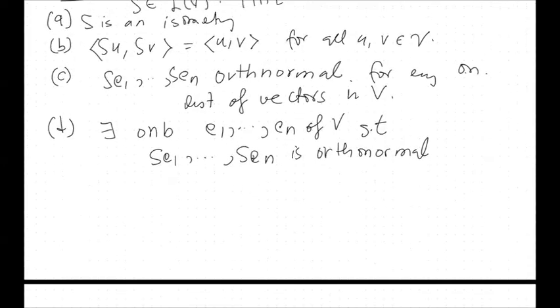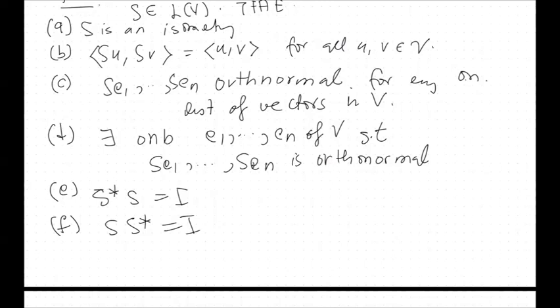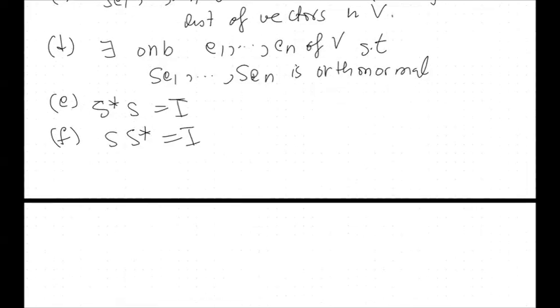And then D, there exists an orthonormal basis E1 up to En of V such that S of E1 up to S of En is orthonormal. And E here is the following, and F is almost the same. And if S is an isometry, S star is also an isometry.